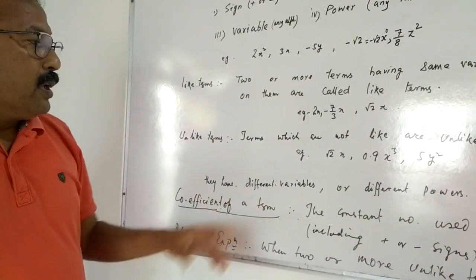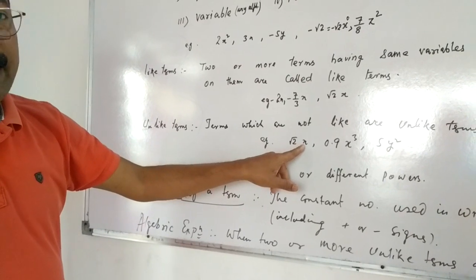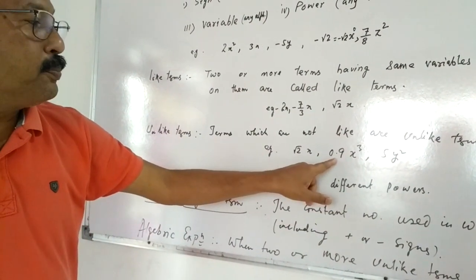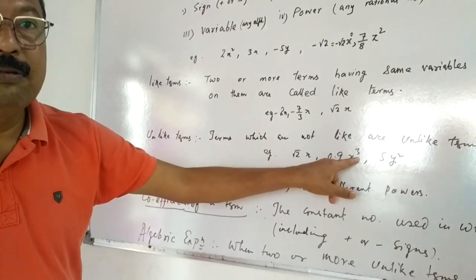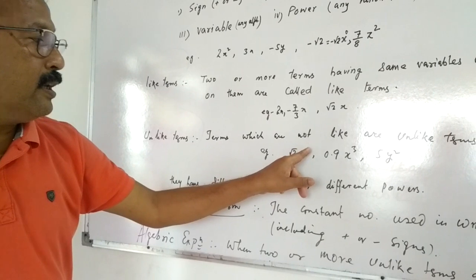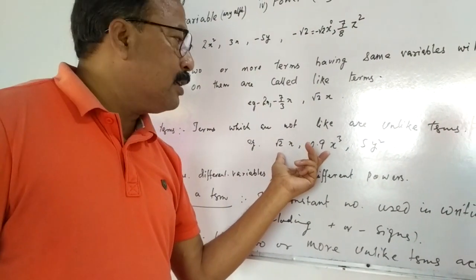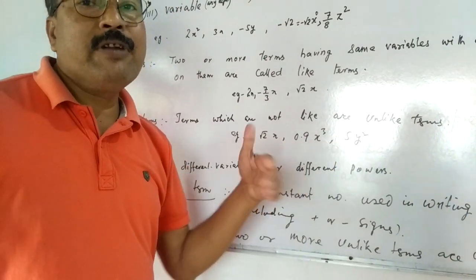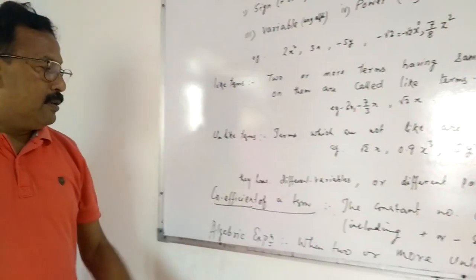Now come to see the examples. You will get here root 2 x, here is 5y square, and here is 0.9 x cube. The powers are different. Here the power is 3 and here it is 1. Hence we can say these two are unlike terms, and root 2 x and 5y square have different variables. That's why we can say they are unlike terms.